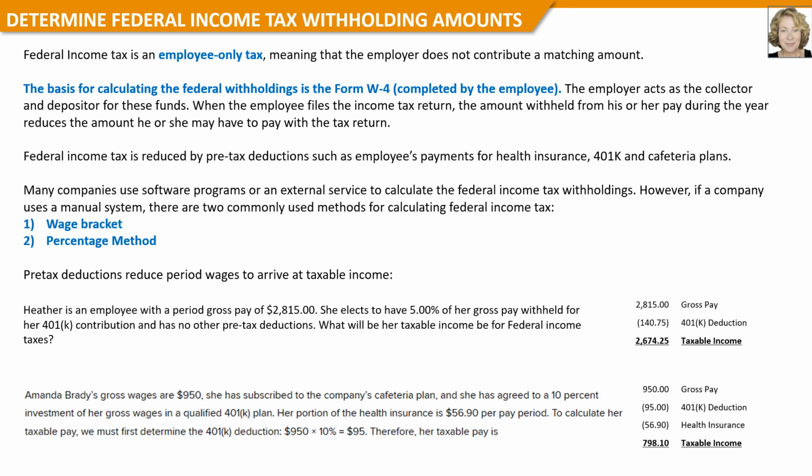So first we'll write down Amanda's gross wages of $950 and calculate her contribution to the 401k by multiplying $950 by 10%, which is $95. We write this amount down as a pre-tax deduction and then enter the pre-tax deduction for the health insurance of $56.90, arriving at taxable income of $798.10.